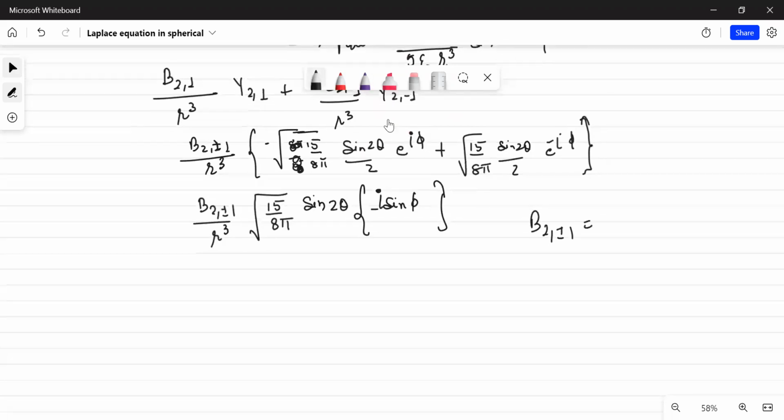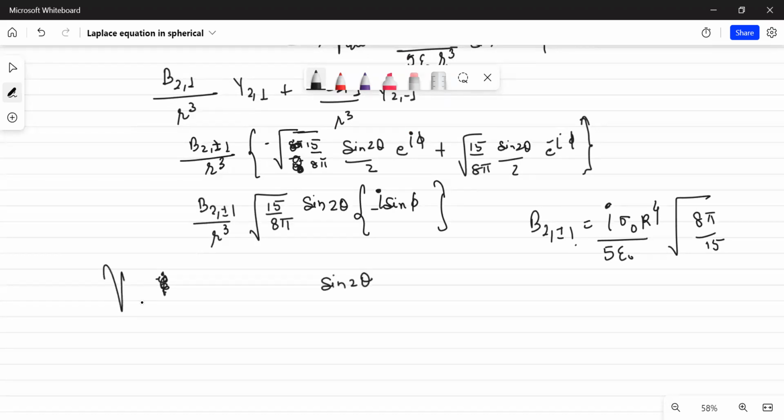Okay, so B_2,±1 is i sigma naught r raised to the power 4 upon 5 epsilon naught root over 8 pi upon 15. If you use this term here, I will simply get i times i, which is i squared, so minus minus plus. This sine 2 theta and sine phi would survive.